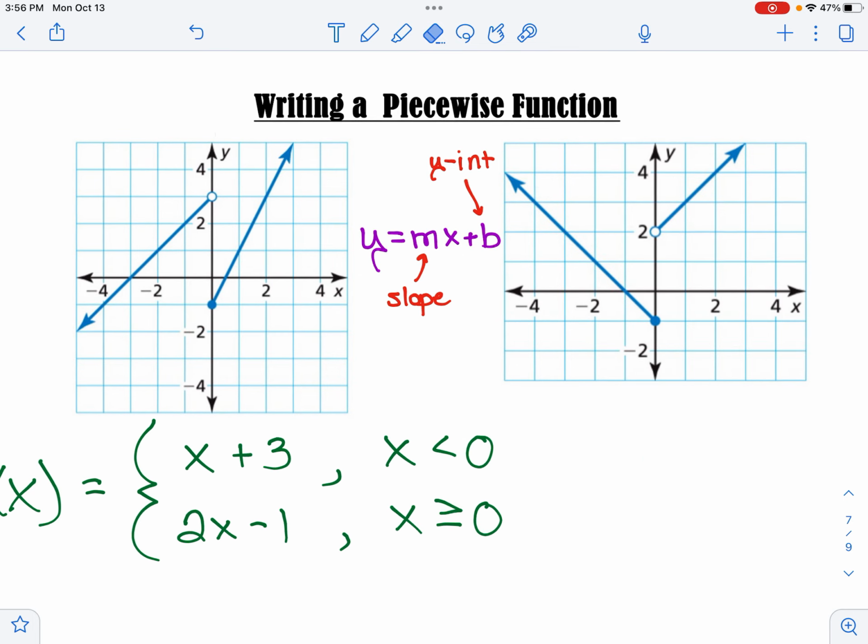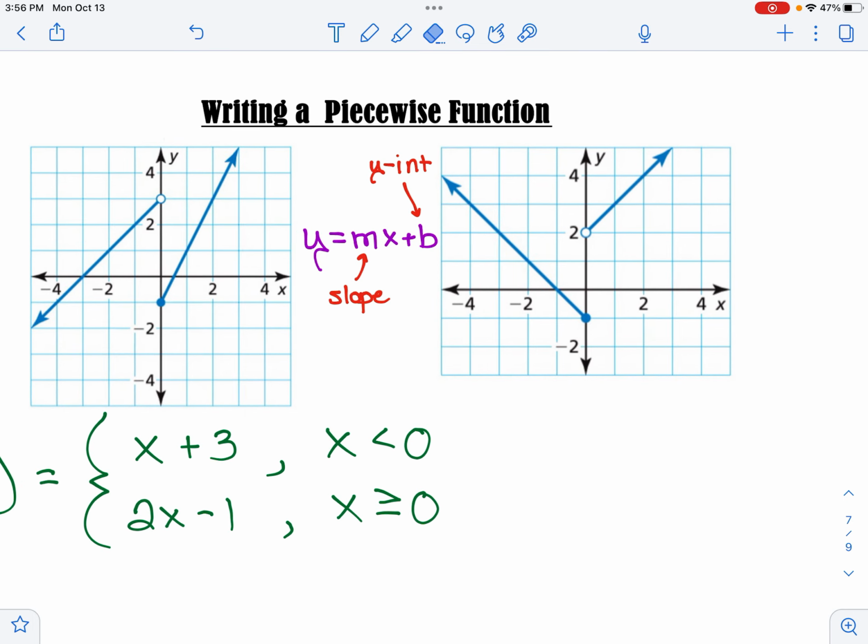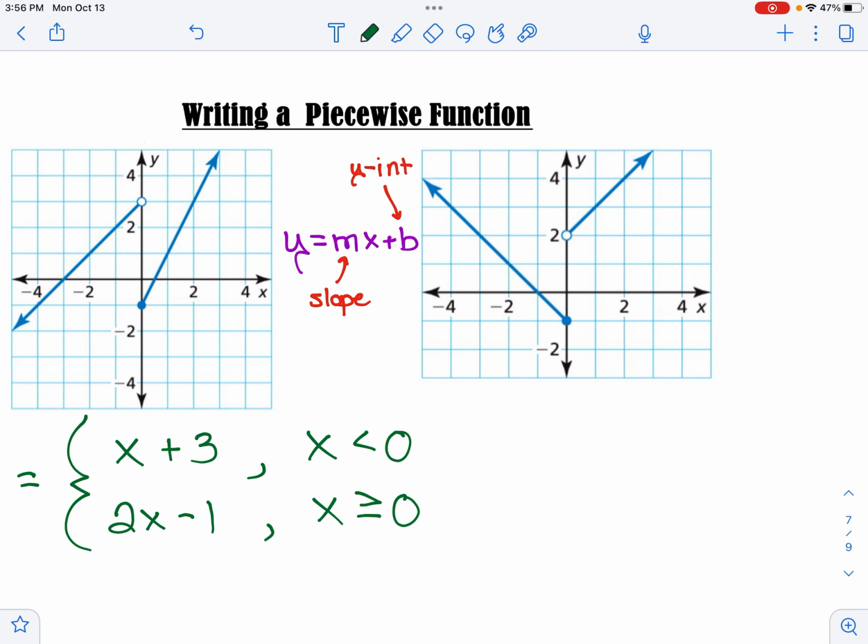Now let's try this one more time over here. We'll do this one in purple. Call this g of x. Okay, so this function right here has a slope of -1.